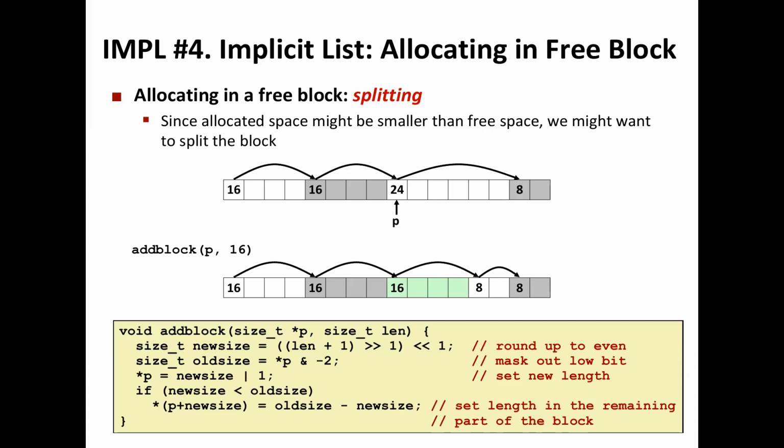So one thing to note here. Sometimes it's possible that when you split a free block, you just have like 4 bytes left, right? In this case, like a word size. When you're implementing your own memory allocator, it's going to be 8 bytes because word size is 8 bytes. So it's not worthwhile to create a free block at that point, right? Because you cannot basically allocate anything inside.